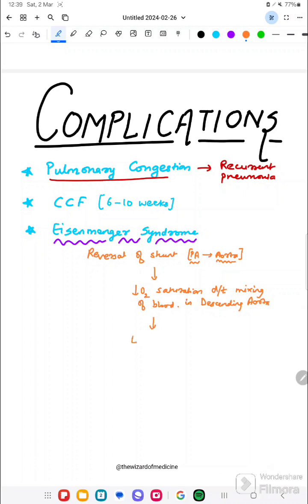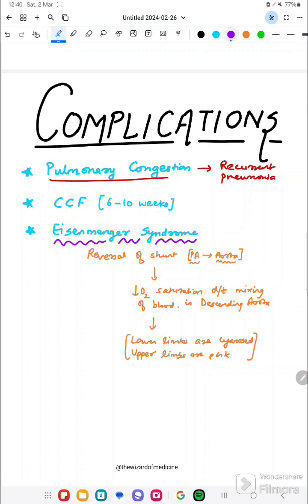Because of this, the lower limbs, because the descending aorta is taking blood to the lower limbs, are cyanosed, they have bluish discoloration, and the upper limbs are normal, they are pink, right? So where the lower limbs are cyanosed while the upper limbs are pink, this is known as differential cyanosis. So differential cyanosis is a characteristic feature of patent ductus arteriosus.